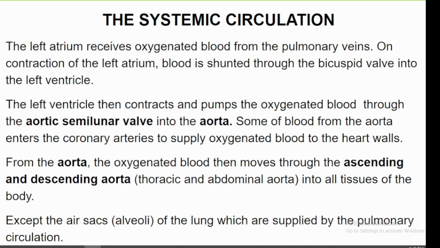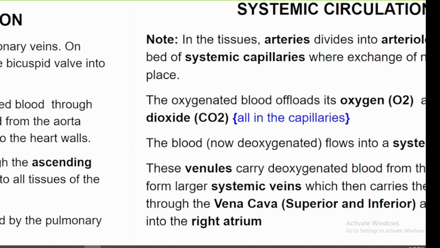Some of the blood from the aorta enters the coronary arteries, which supply the heart wall with nutrients and oxygen. Then from the aorta, the oxygenated blood moves through the ascending and descending aorta into all tissues of the body.